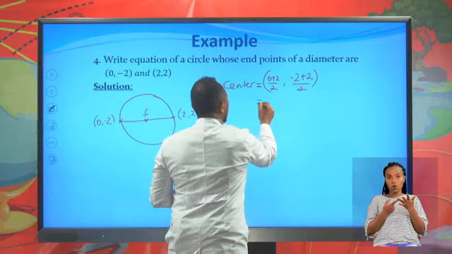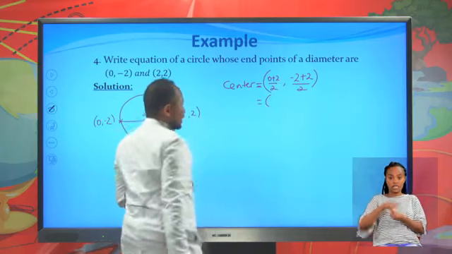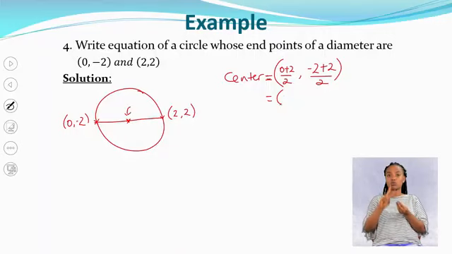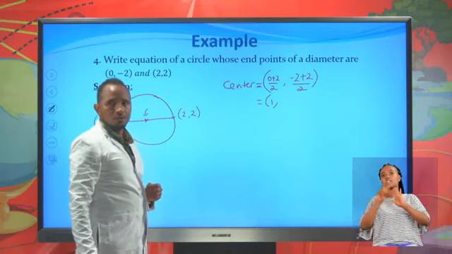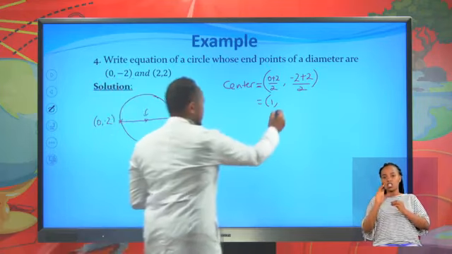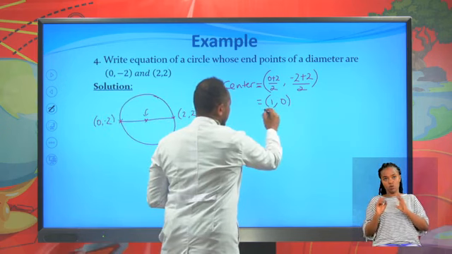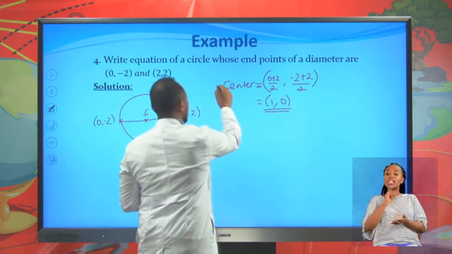So the center of the circle will be: 0 plus 2 is 2, 2 over 2 is 1; negative 2 plus 2 is 0, 0 over 2 is 0. The center is (1, 0).